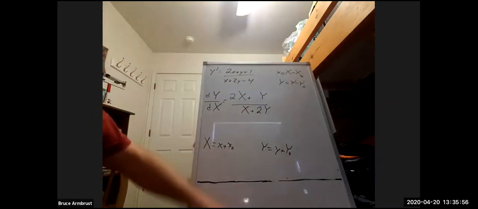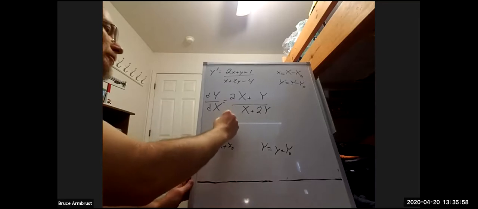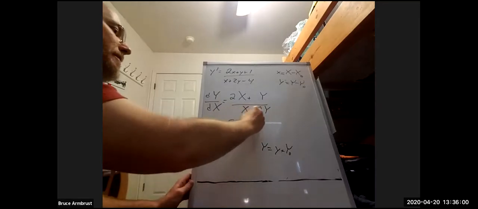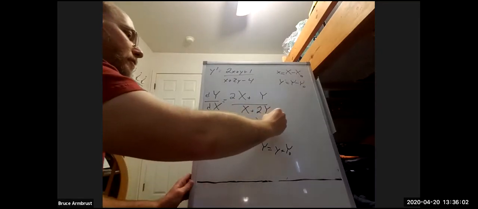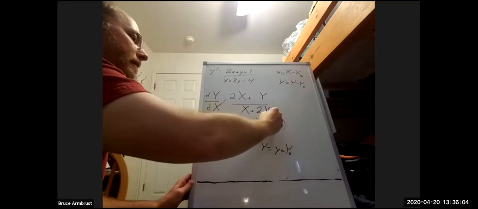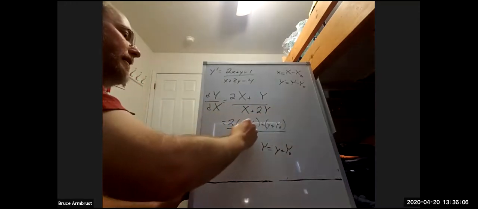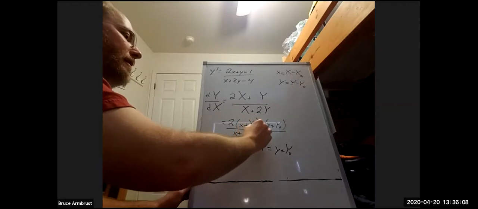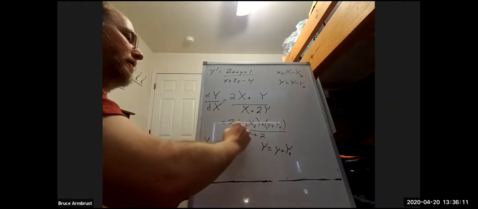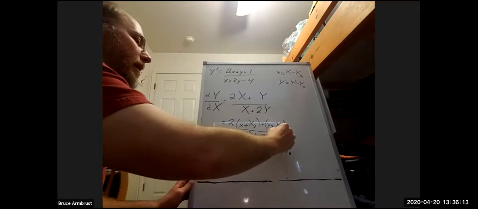All right, so if we put that in, we're going to get 2 times x plus x naught plus y naught over x plus x naught plus 2 times y plus y naught.